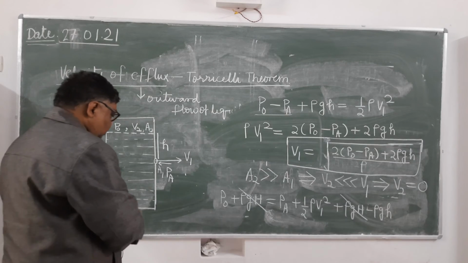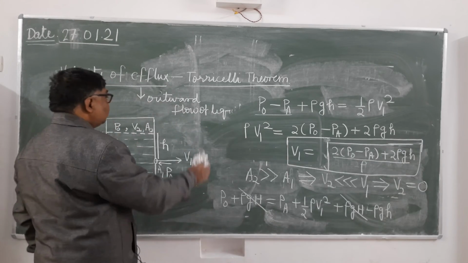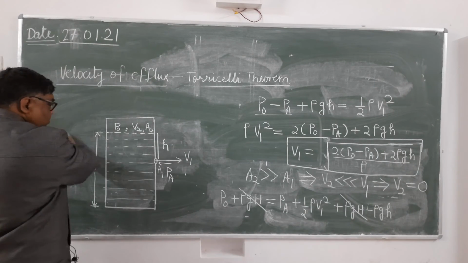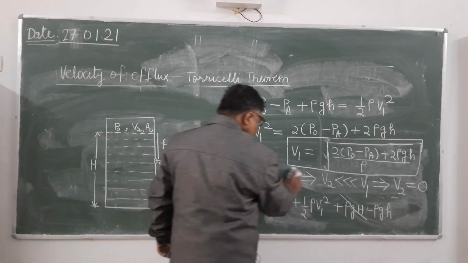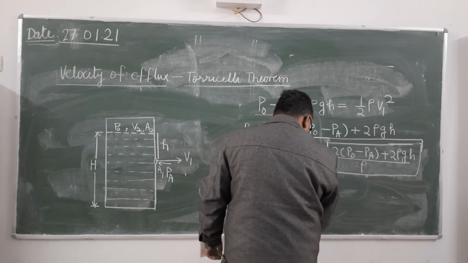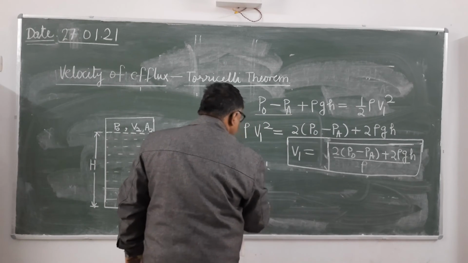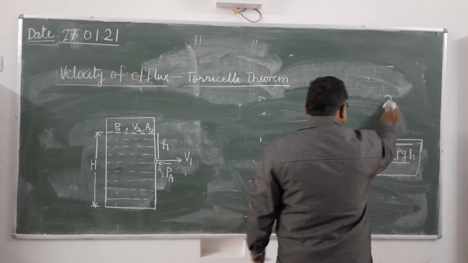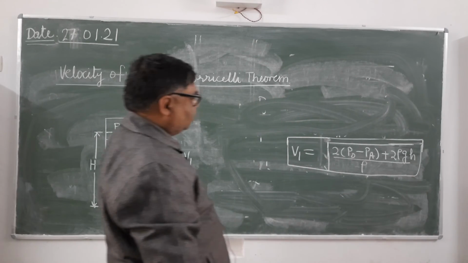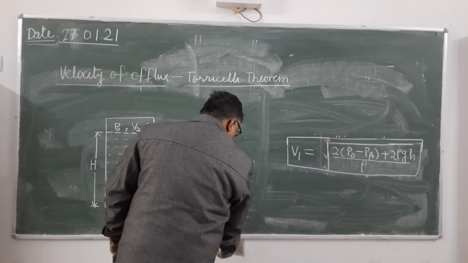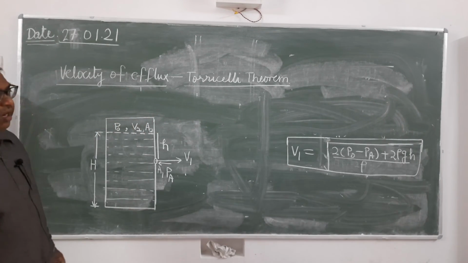So you can see here, I am writing on this side. Yes, now it is clear. So V1 equals square root of 2(P naught minus PA) plus 2 rho gh, upon rho.